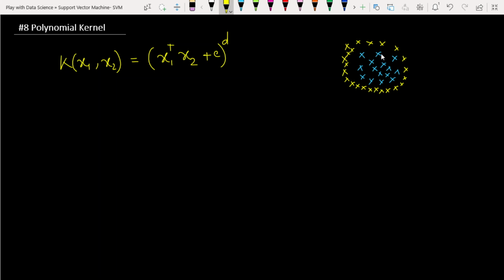In such cases, if you remember logistic regression, suppose for this data we have two features, f1 and f2.